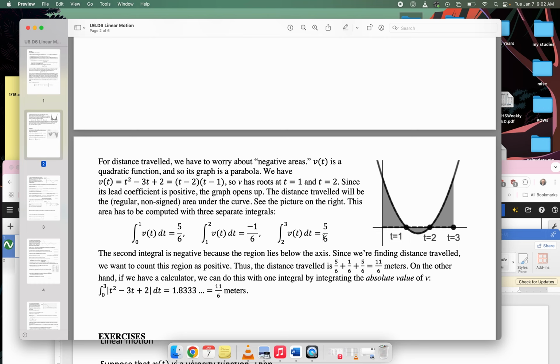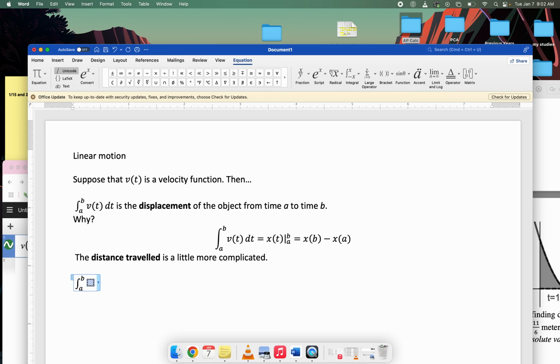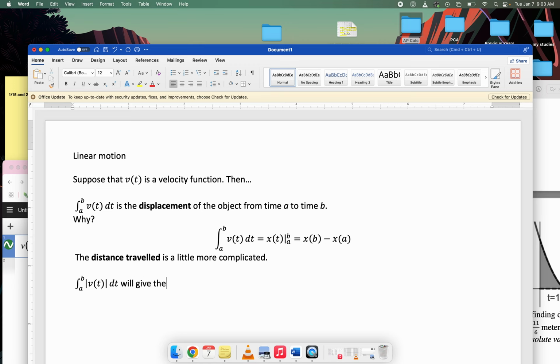A different way of doing it is the following. If you just integrate from a to b the absolute value of the velocity function, that will give the distance traveled in a single integral. If you integrate the absolute value of the velocity function, that'll produce the distance traveled in a single integral.